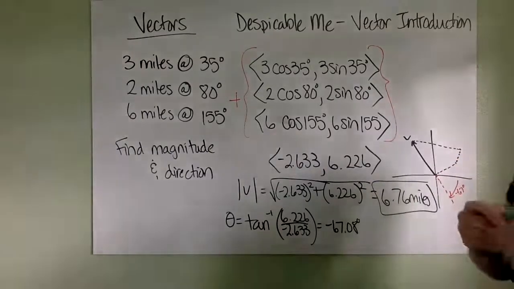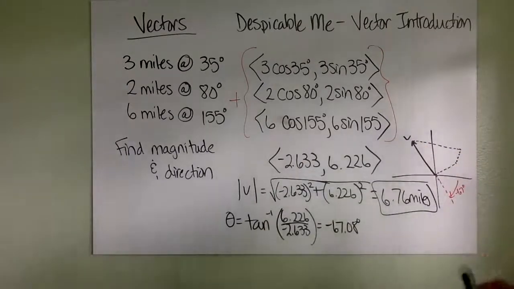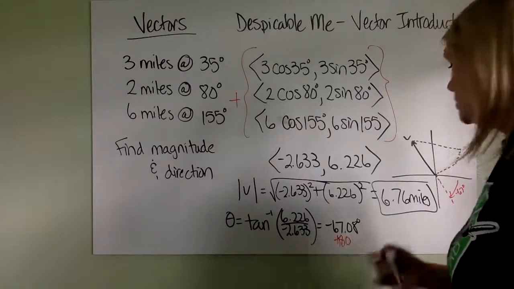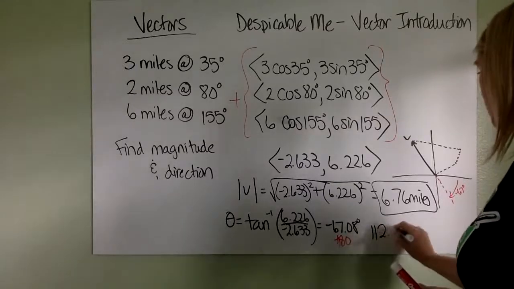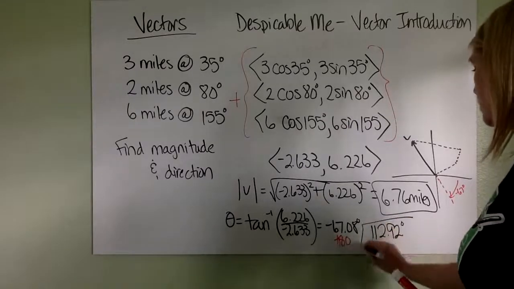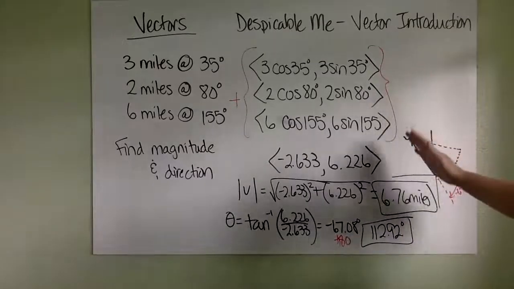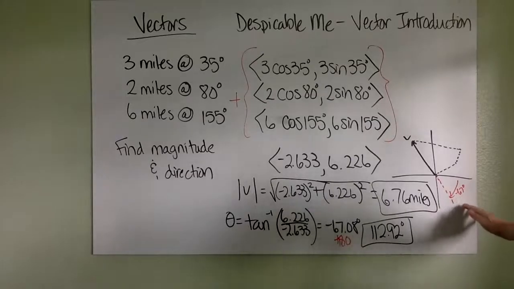We don't want a fourth quadrant angle. We want a second quadrant angle. So again, we add 180 to our negative 67 degree angle, and we get 112.92, which is the second quadrant angle, which is what we want. The negative 67 is a fourth quadrant angle. We don't want that.